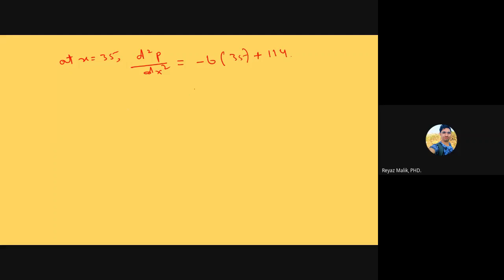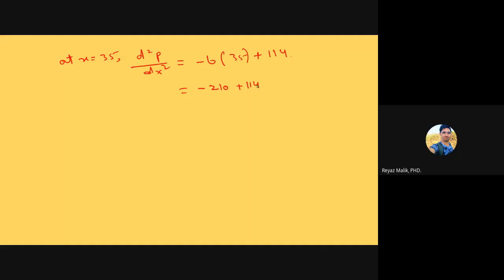Correct? Then solve it further. I have a calculator with me. 35 times 6 is 210, so minus 210 plus 114.